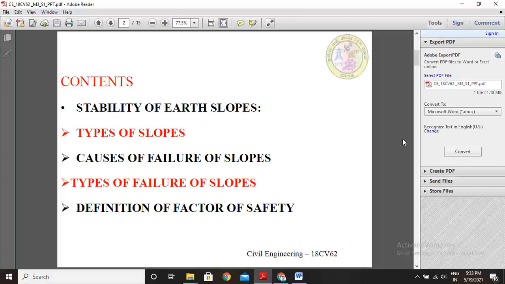These contents are required to be explained in detail to finish Session 1 of today's class.